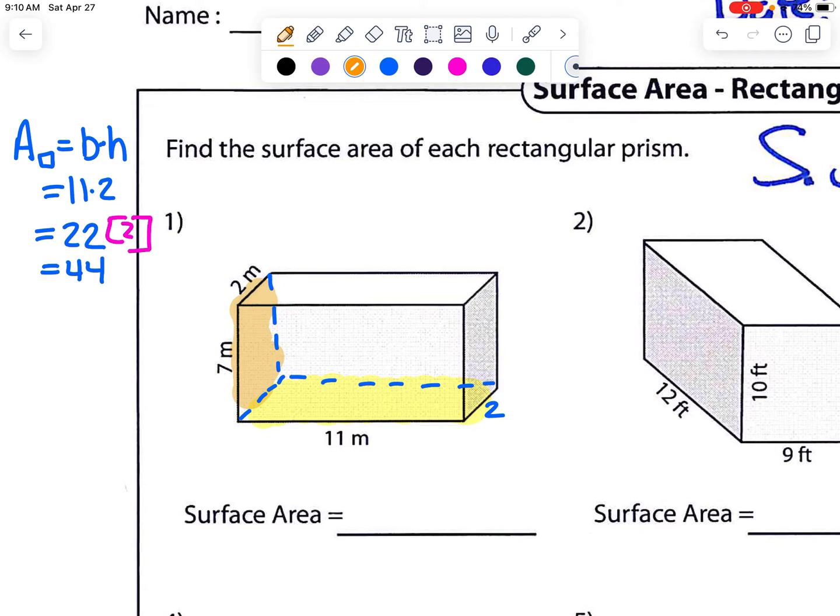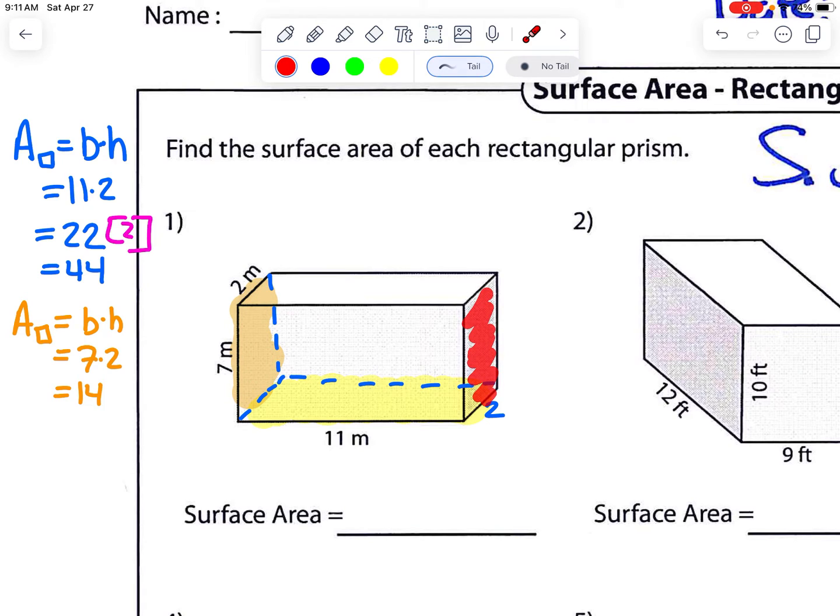So I want to have area of this is base times height. I have 7 times 2, which is 14. And if the left side is 14, that means the right side is going to be 14. So we're going to times this by 2. And 14 times 2 is 28.